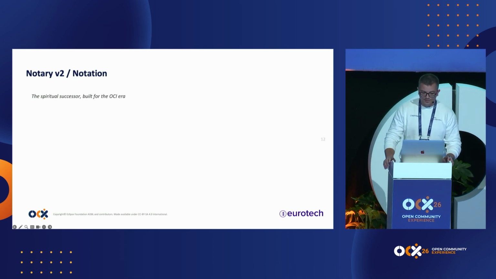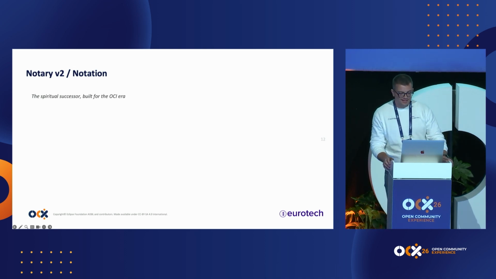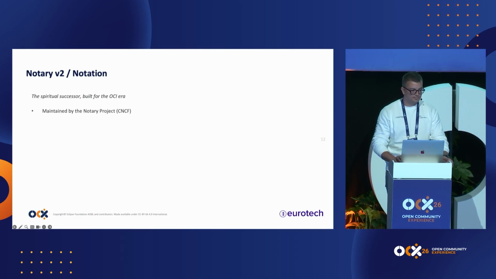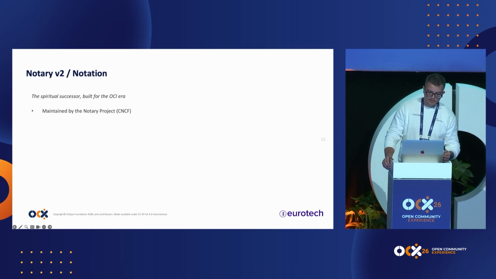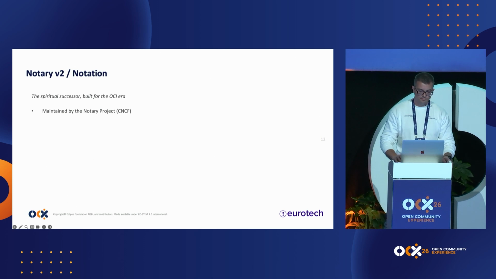Next, we have Notary v2, also known by its CLI tool notation. It's the CNCF-backed successor to Notary v1, and it fixes a lot of pain points. The objective here was to develop a framework for signature verification that you can use to identify that an image that you pull from your private on-premise registry is the same as the one that you can find on Docker Hub, for example.